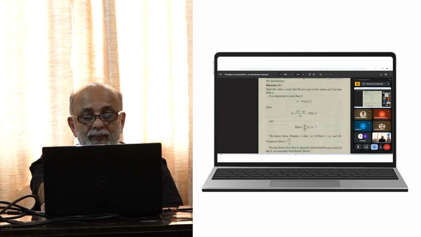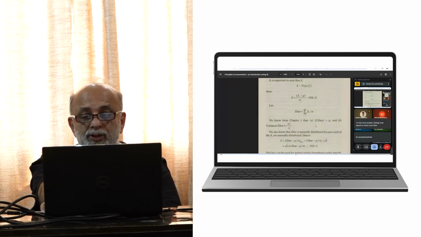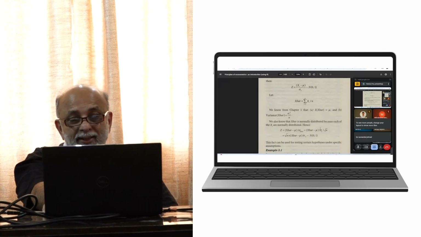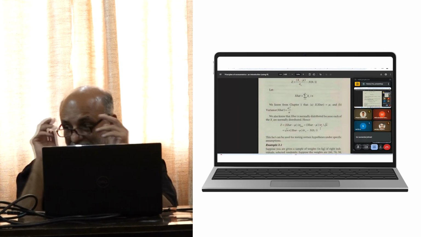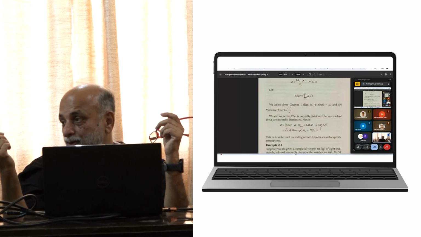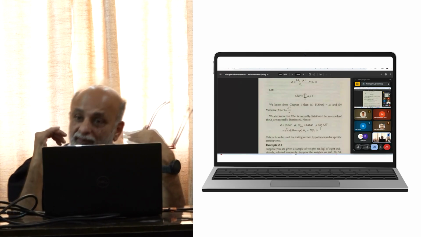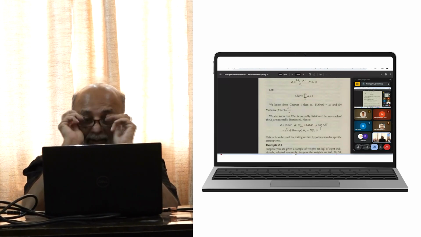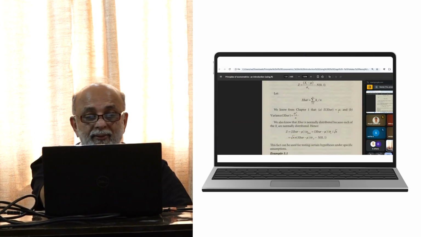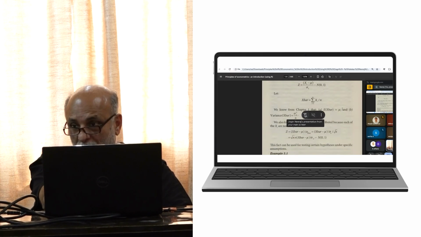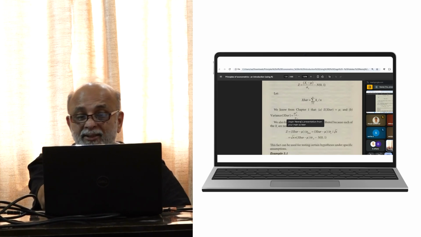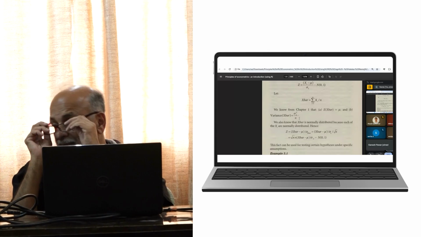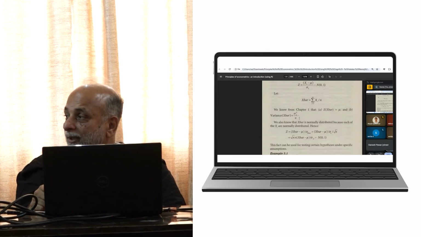So we also looked at yesterday that if you have data which comes from the normal distribution, and you take a sample of size n, then the sample mean is normally distributed with mean mu, the population mean, and variance sigma square upon n. Everyone understands why the variance is sigma square upon n?